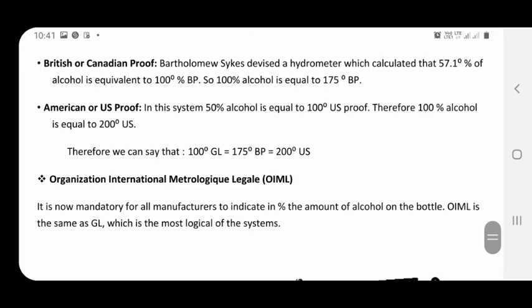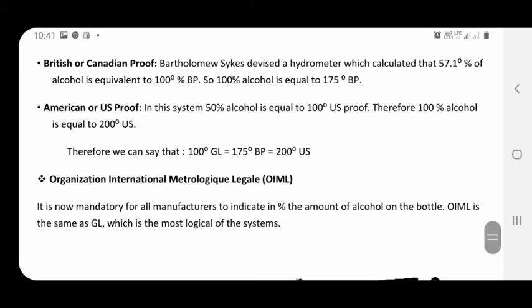Therefore, 100% alcohol is equal to 200 US proof. Therefore, we can say that 100% GL is equal to 175 BP, which is equal to 200 US. Is it clear or not? Okay, for more understanding, go to the next one.